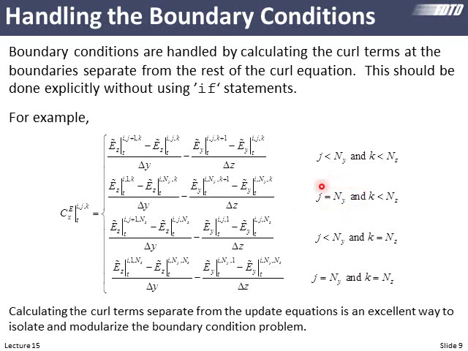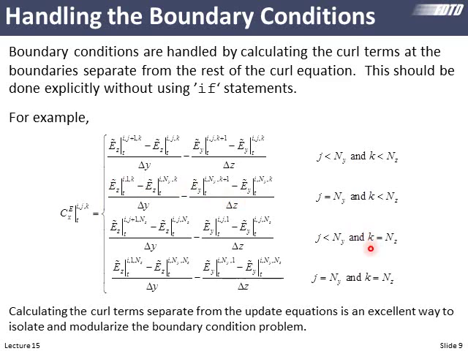At the y high side of the grid, we have an issue. Why? Because we need a field value from outside of the grid at j plus 1. Well, we don't have that. So for periodic boundaries, what we're doing here is reaching to the other side of the grid and we put in a 1 for j. If we were doing Dirichlet, we would have a 0 here for the entire term.